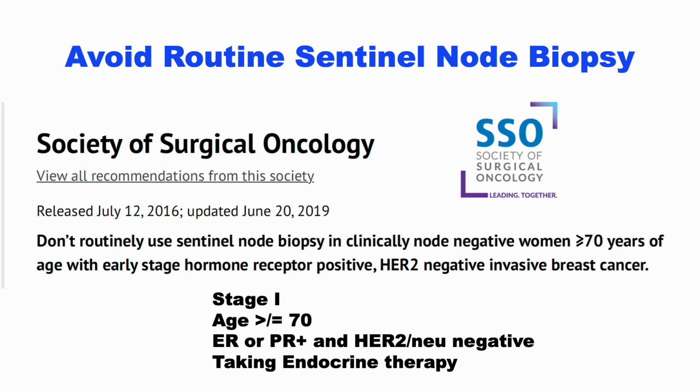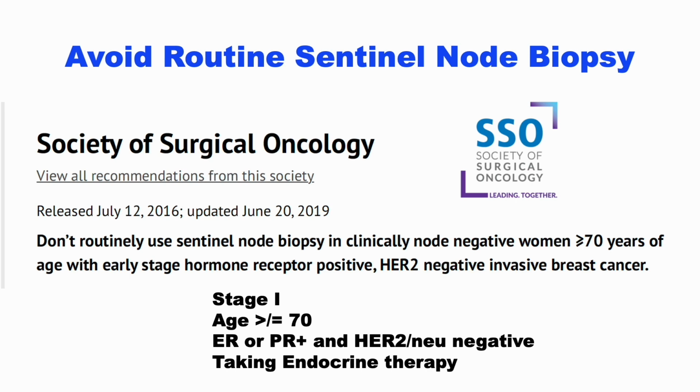In general, lymph node management for cryoablation patients should mirror lymph node management for surgical candidates. For example, in accordance with the Society of Surgical Oncology's Choosing Wisely recommendations, white women aged 70 and older with stage 1 estrogen or progesterone receptor positive, HER2 negative invasive breast cancer and normal appearing nodes should skip routine sentinel biopsy if they're committed to taking anti-estrogen therapy.